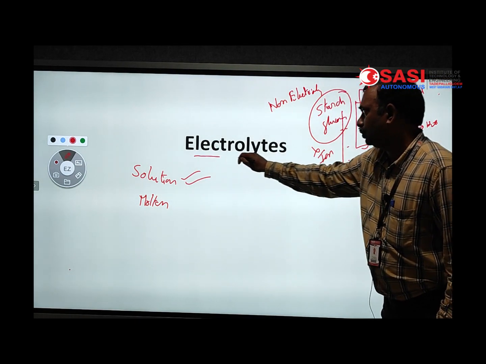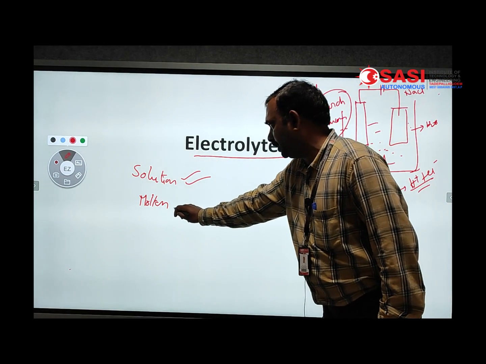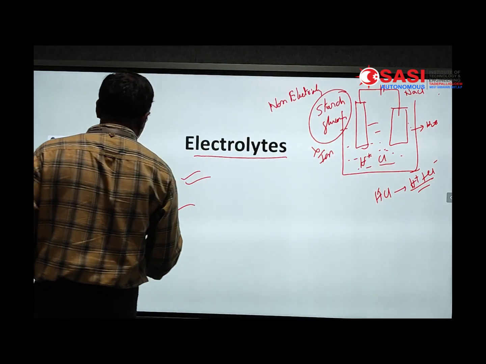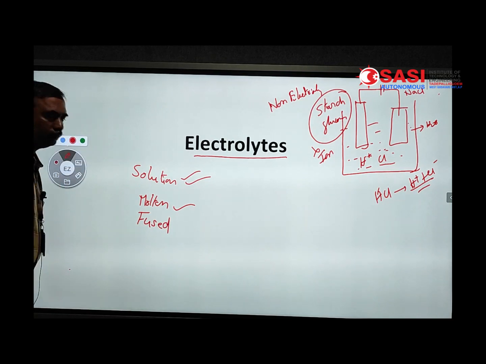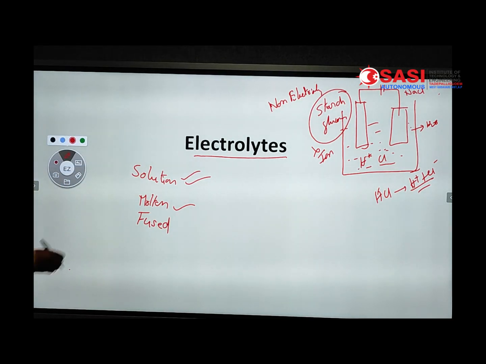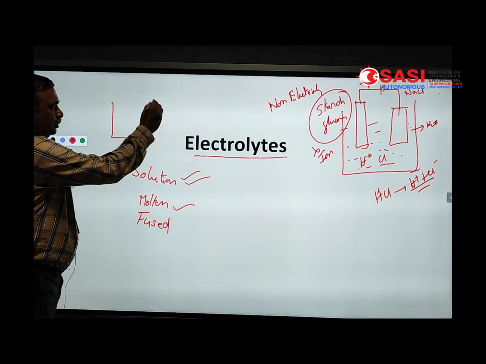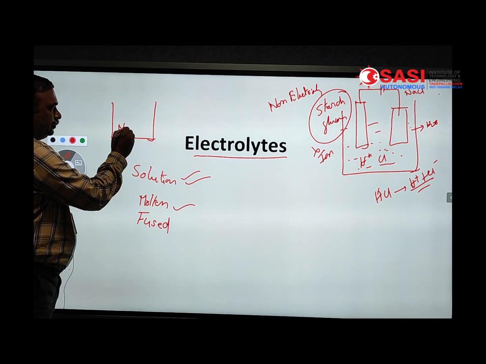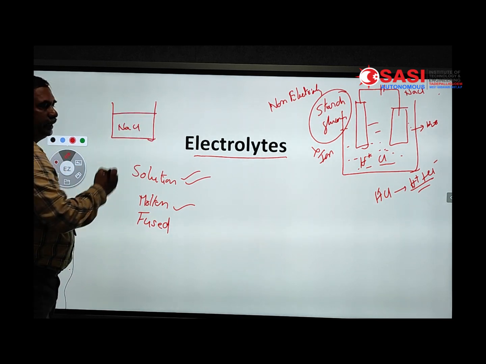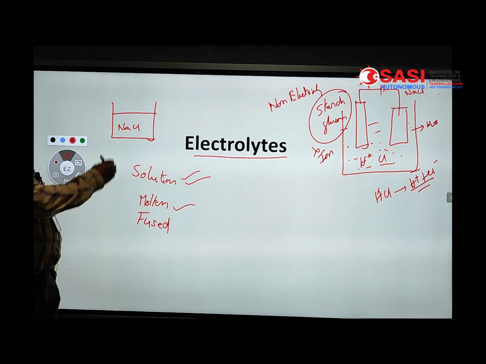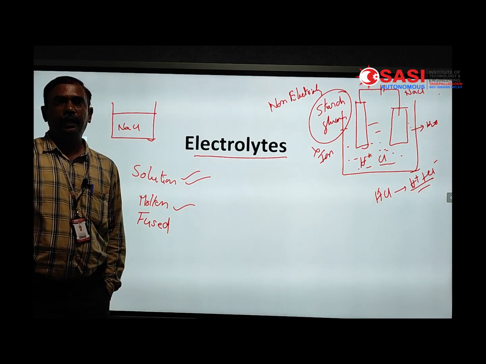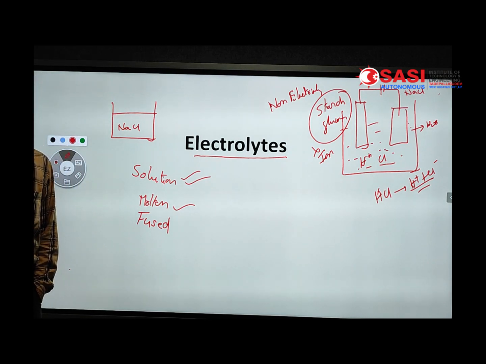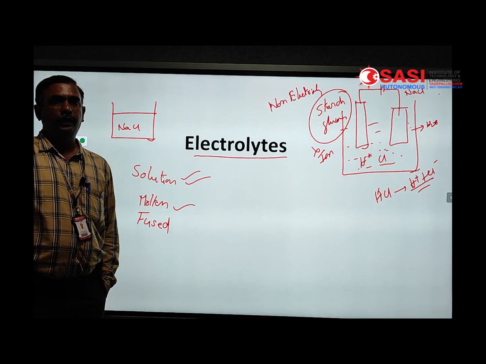The substances which conduct electricity are called electrolytes in solution phase. Similarly, what is this molten state, or sometimes called the fused state? If you take a substance like NaCl, which is generally in the form of crystals, and put two electrodes in the crystals, they don't conduct any electricity because there is an air gap present between the crystals which will hinder the flow of ions.